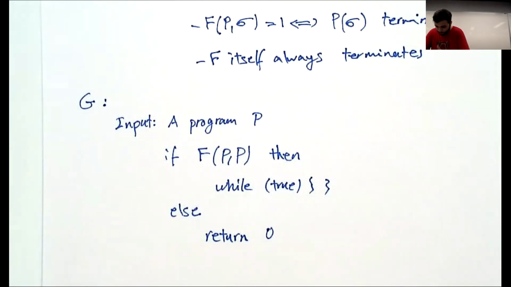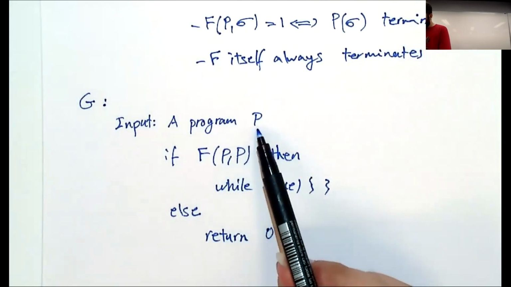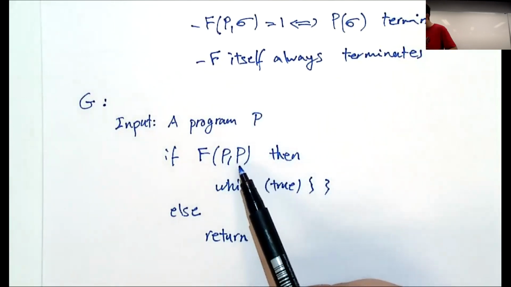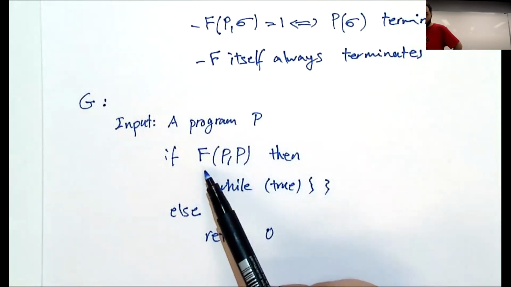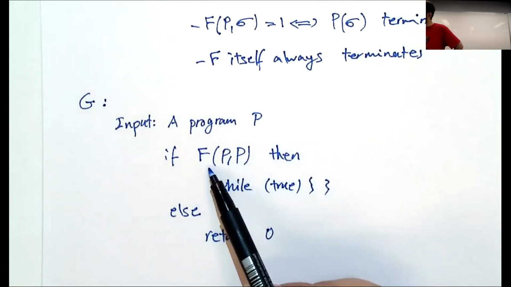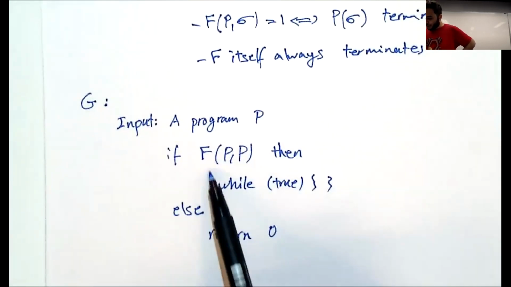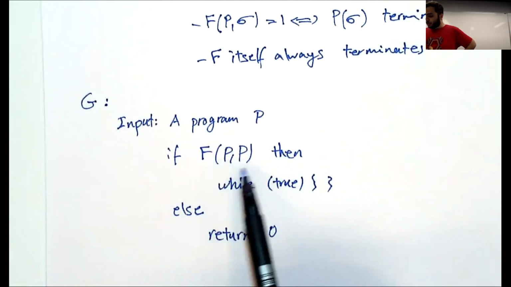What does this mean? It basically asks about what happens when P is run with the code of P itself as its input, and then passes that to our program F, which decides halting. So this if will hold if and only if when we run P on itself, the whole thing terminates.